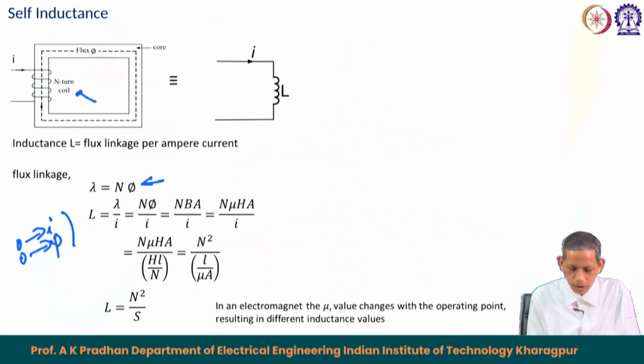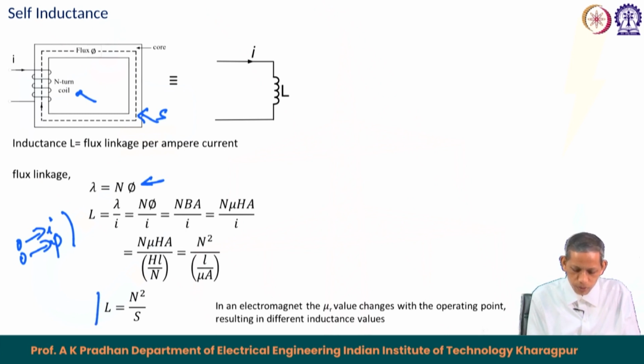By expanding this, we get N mu H A upon I, where we know that N into I equals H L. So, from there we can find I equals H L by N, and that leads to the self inductance of the coil L equals N square upon L by mu A. But this L by mu A is again S, the reluctance of the magnetic path, which we are already aware of.